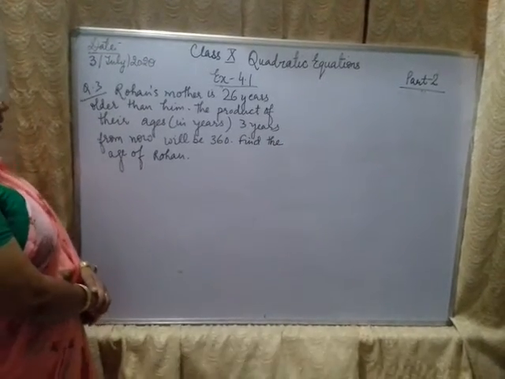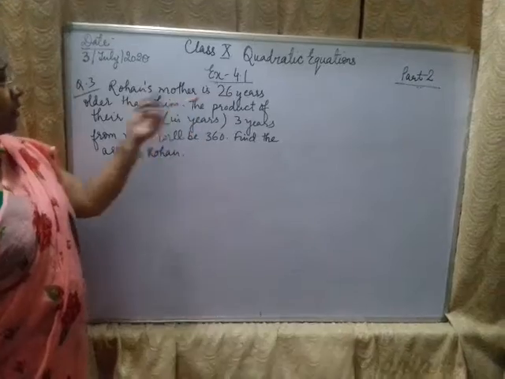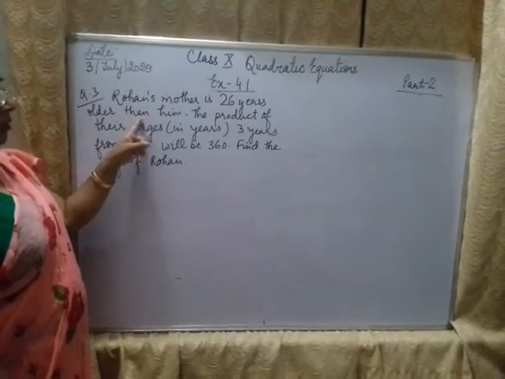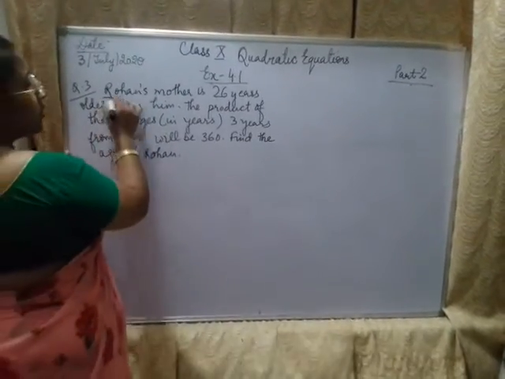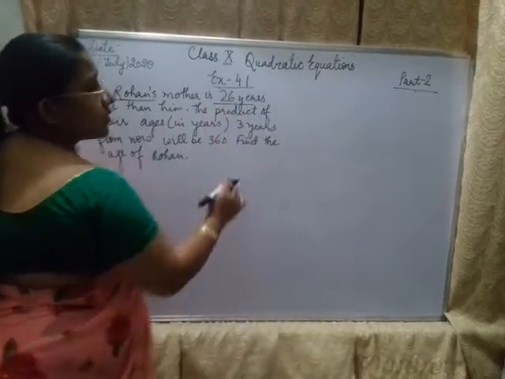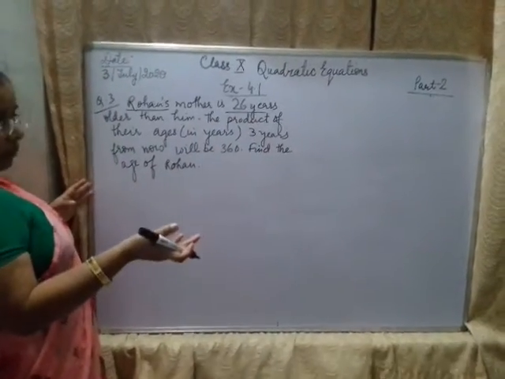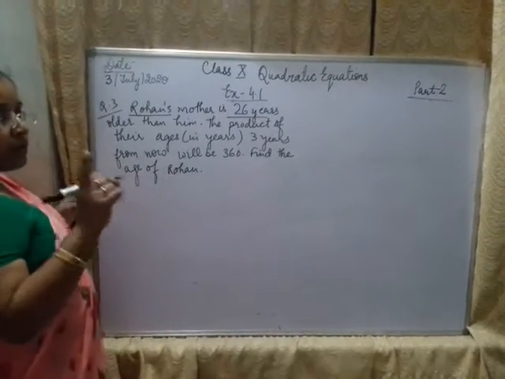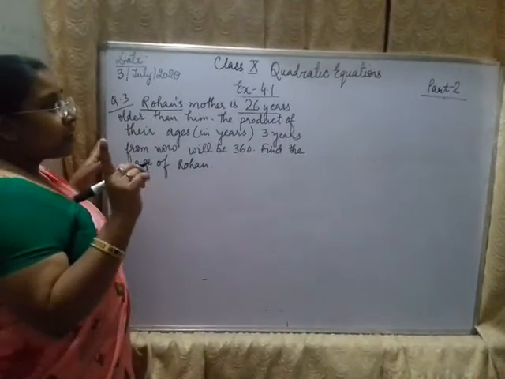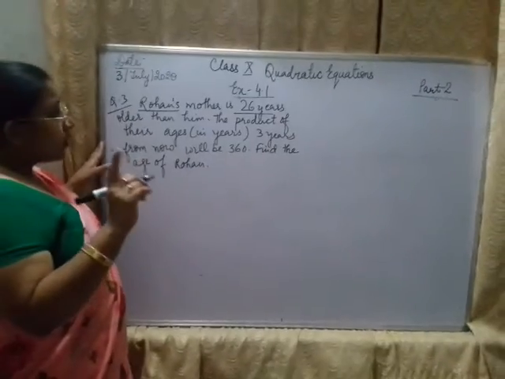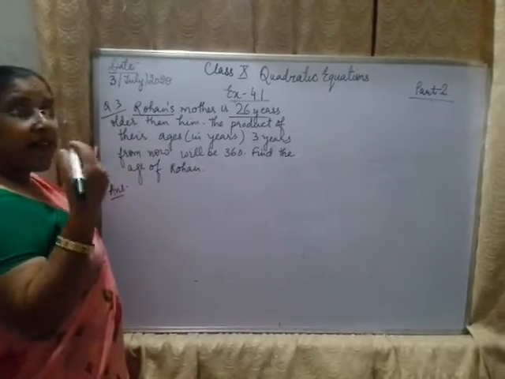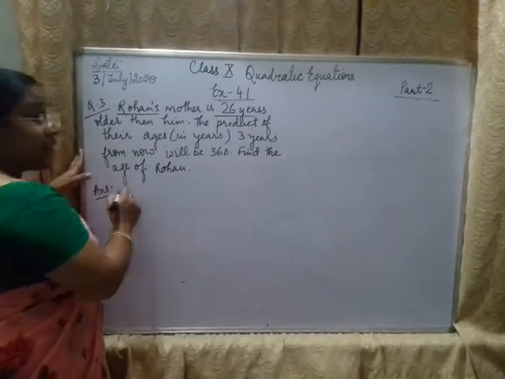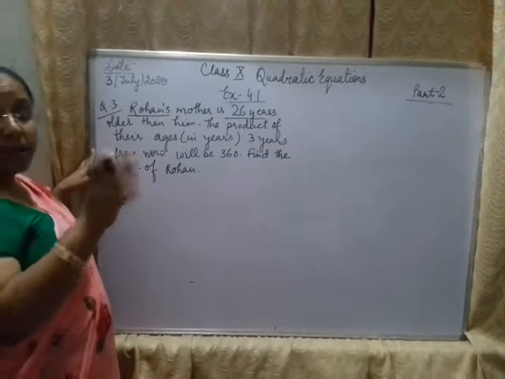Now the third question is, Rohan's mother is 26 years older than him. So whatever be the age of Rohan, his mother is 26 years more than him. And one thing more to keep in mind: in any age-related question, you need to let the present ages of anyone.